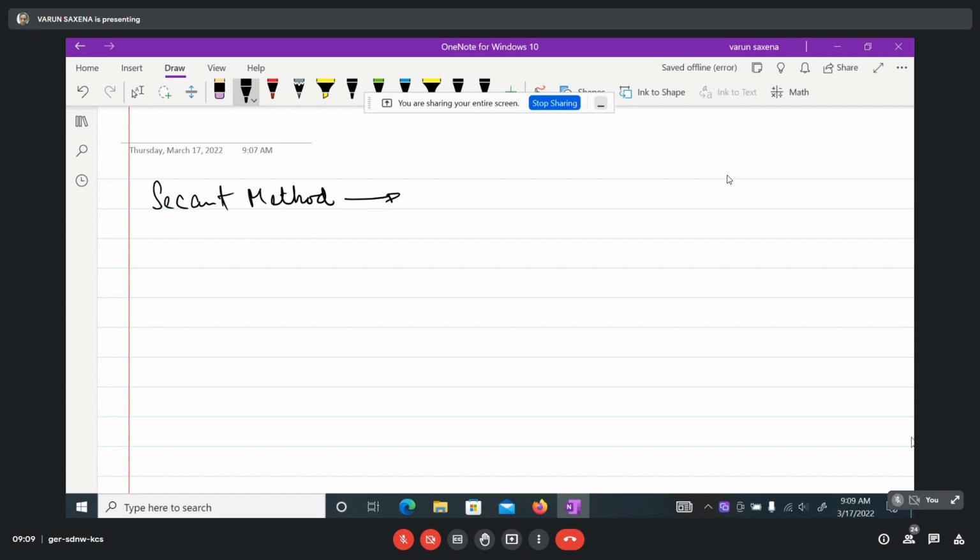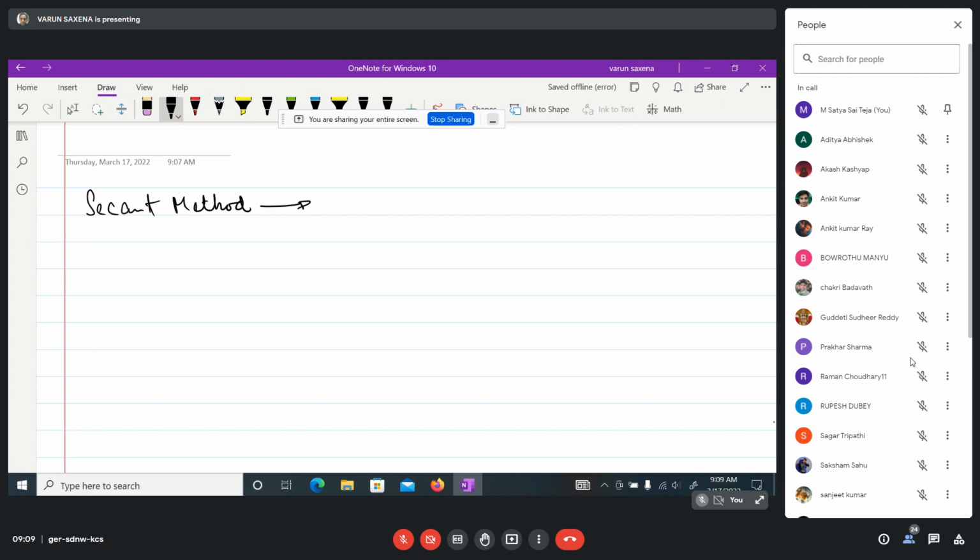So the secant method has a couple of things which are common. Number one is that here also you have two assumptions. This is common with bisection and false position. The second thing is that here also there is a linear interpolation, which is common with the false position method.